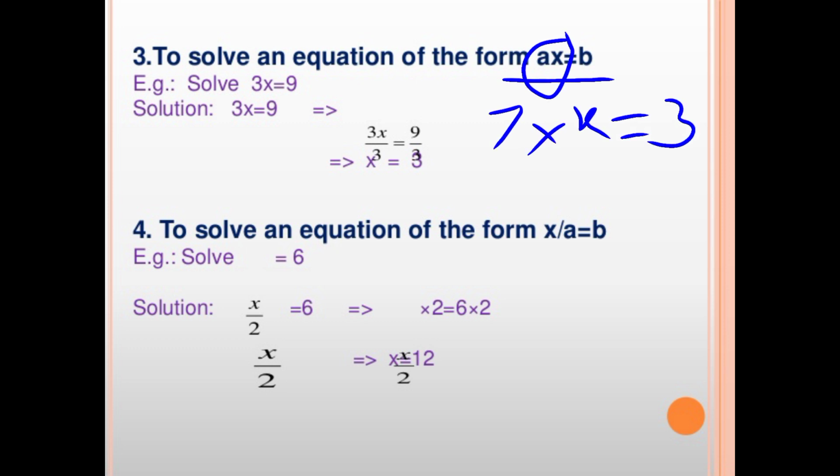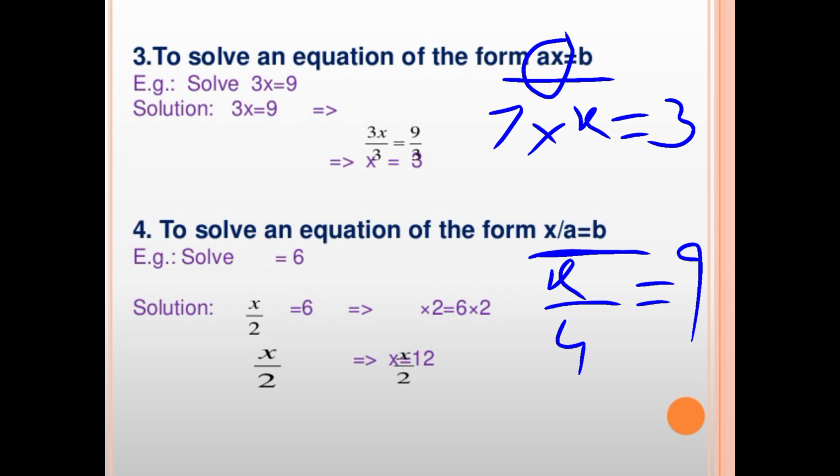And some equations are like this, x divided by 4 is equal to 9. So there are as many as 4 forms of linear equation.